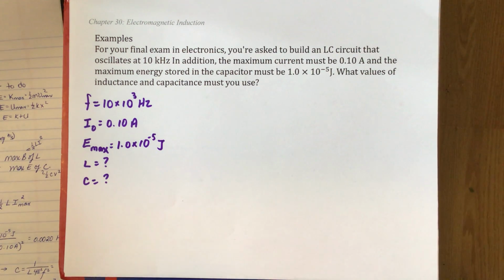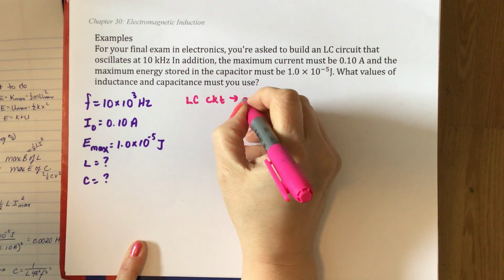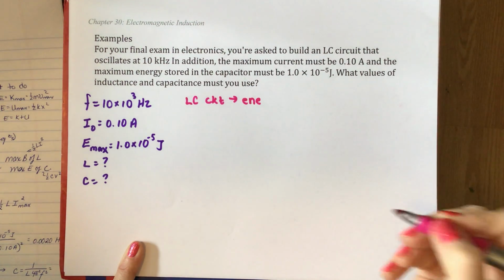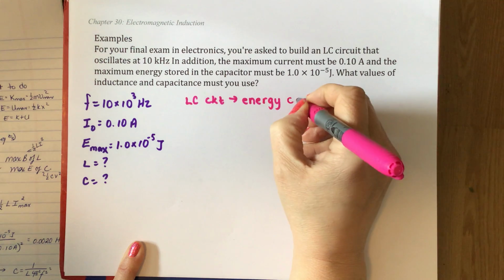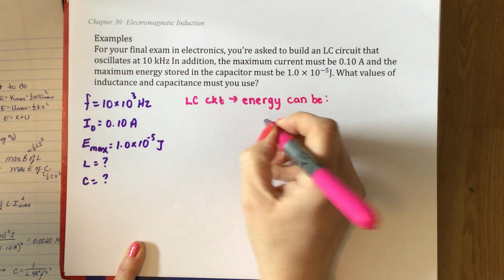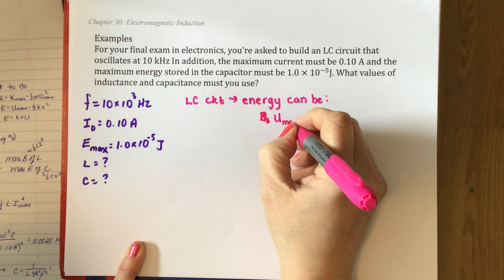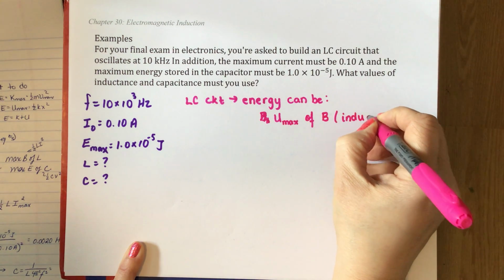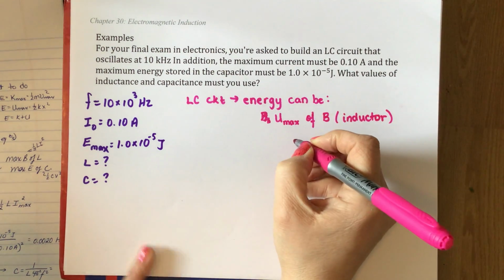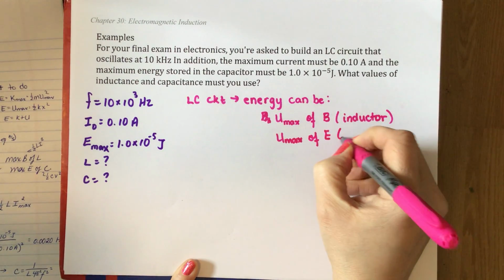In an LC circuit, the same deal happens. So in an LC circuit, and we talked about this when we introduced it, energy can be all stored in the electric field, all stored in the magnetic field, or a combination of both. So energy can be U maximum of the magnetic field for the inductor, or it could be U maximum of the electric field in the capacitor.